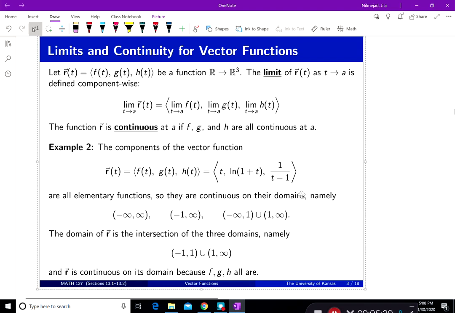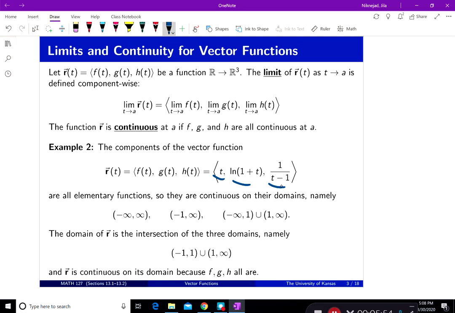In this case, each component is an elementary function, so each component is continuous within its domain. If I find all the domains and find the intersection of all of them, then I can find the domain for this r of t.